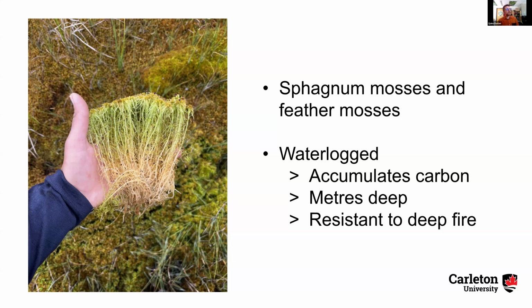So peatlands are defined by their accumulation of organic matter. They don't accumulate organic matter quickly, but they do it over time. It's a slow rate of accumulation. And this species of moss, sphagnum in this picture, grows and it dies, and it grows and it dies, and it gets buried over time below the water table in waterlogged conditions.